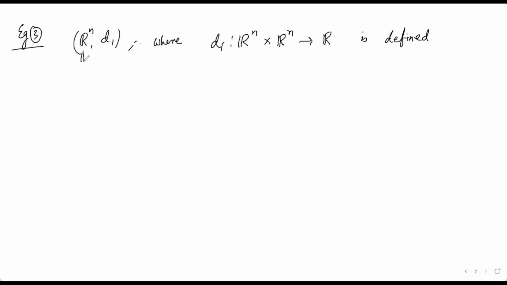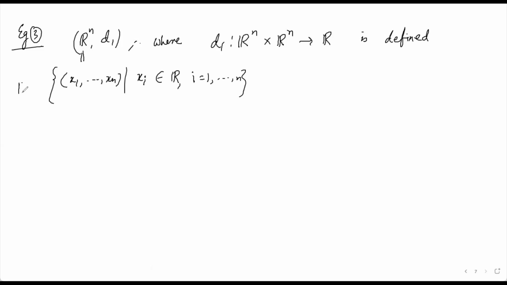And this Rn is the set of all n-tuples of reals x1 and so on xn, such that xi belongs to R for all i equal to 1 and so on n.